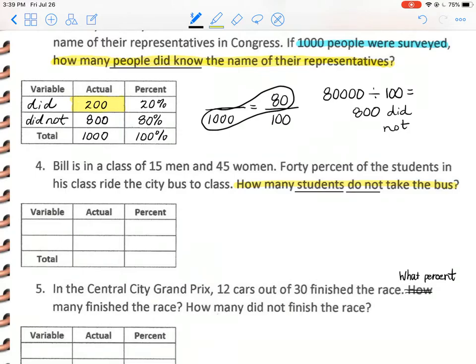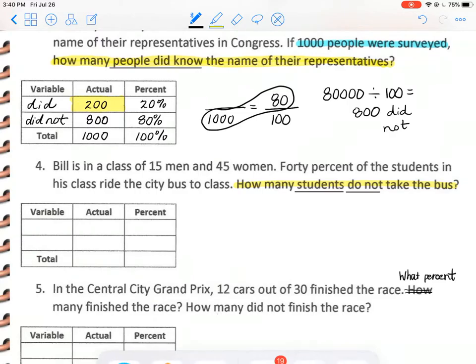A lot of research is done based on gender, so you have men and women in a lot of studies. But that's not the question. The question is how many students. It's not how many students are men or what percentage are women. The question is how many students do not take the bus.